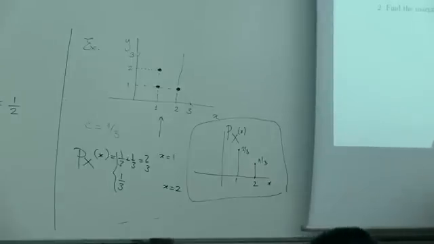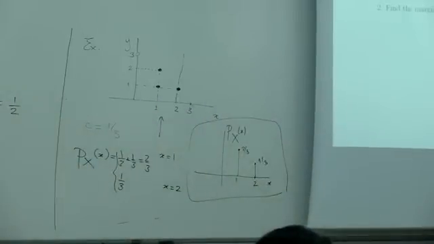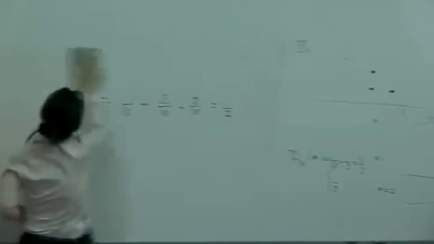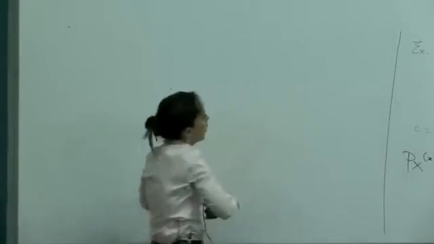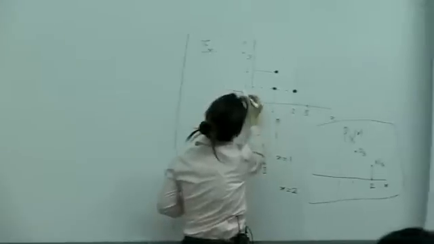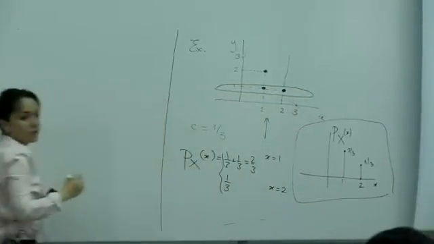Let's do the same for y. Py of y, the marginal PMF of y. What is Py of 3? 0. Py of 1? Can y be 1? Yes, y is 1 if x is 1 or 2.